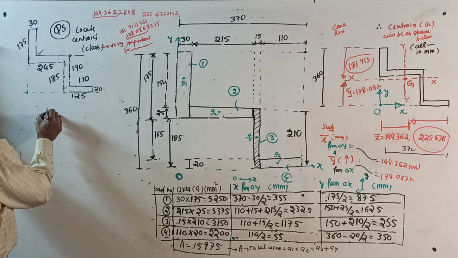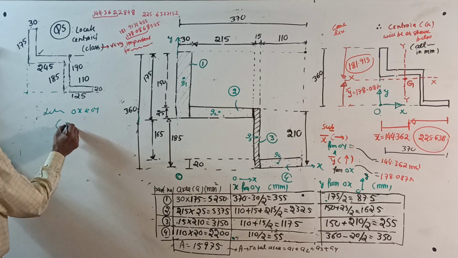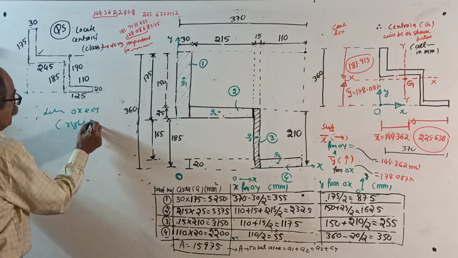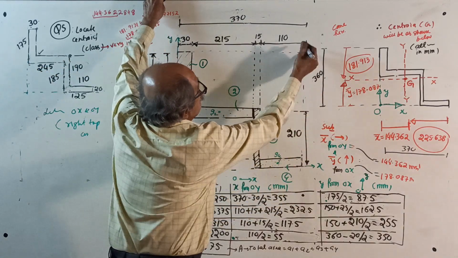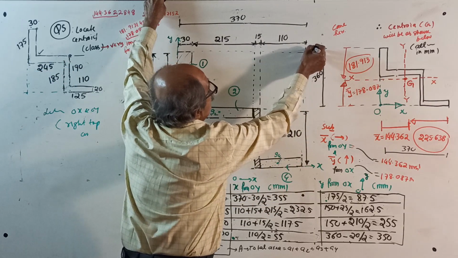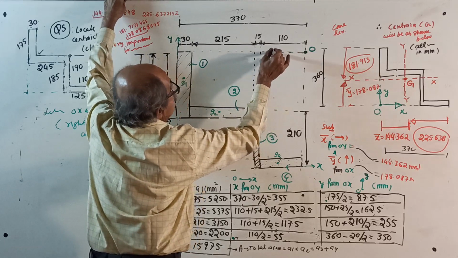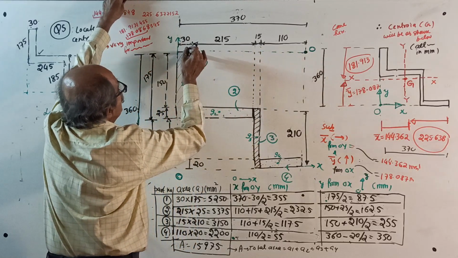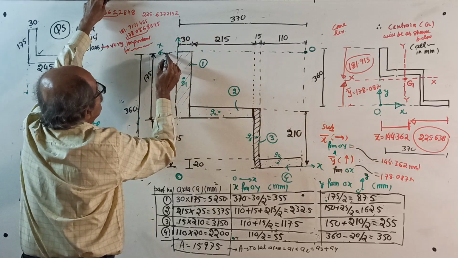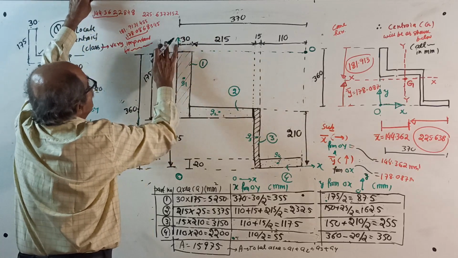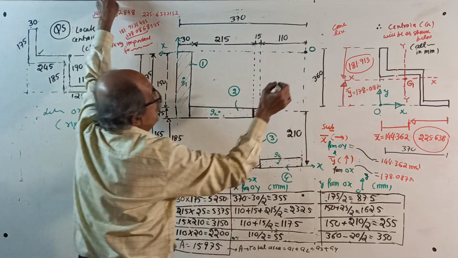Let us consider reference axis OX and OY, where the right side topmost corner, see, right side topmost corner here, this we take as O. Therefore your X will be this way. See, from there, write it neatly. Space is not there.